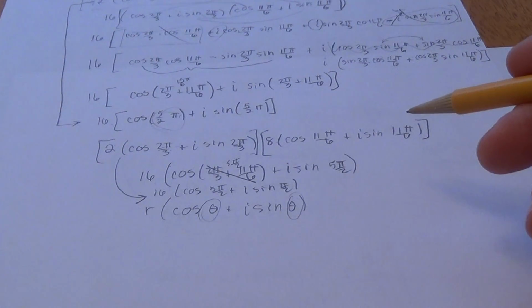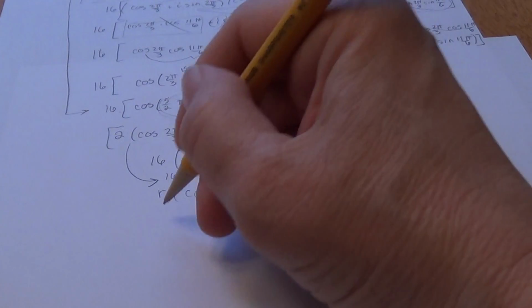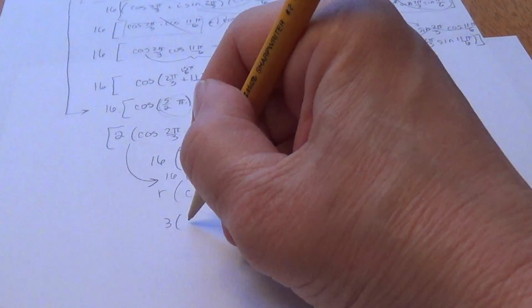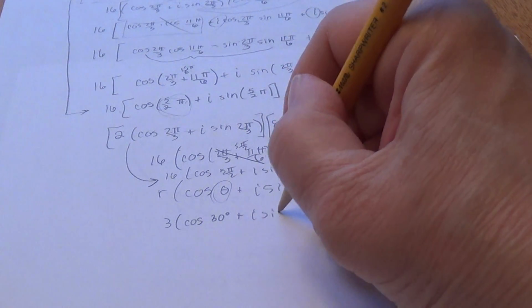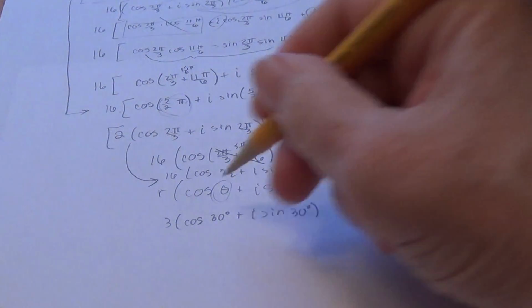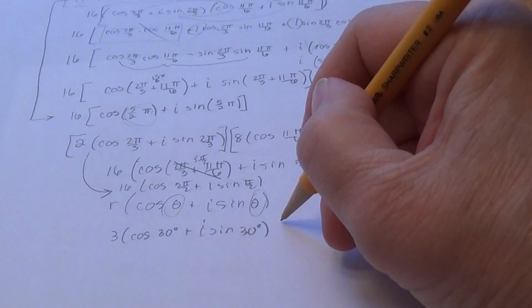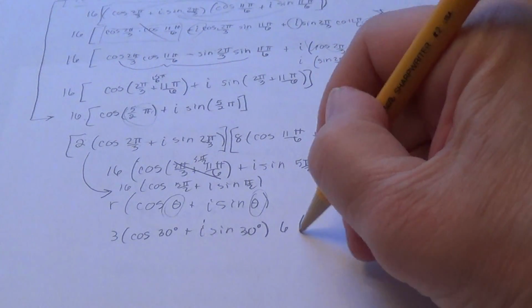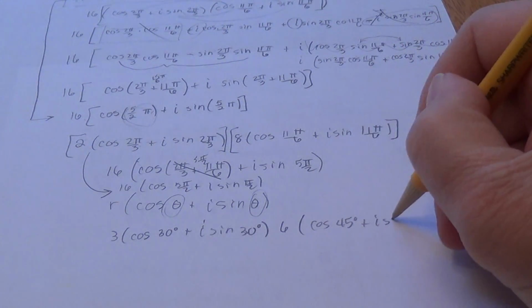So for example, if I had two complex numbers, say 3 cosine 30, it can be in degrees, plus i sine 30, but remember in trig form the two angles are the same. And I'm multiplying that, say, by 6 cosine 45 plus i sine 45.